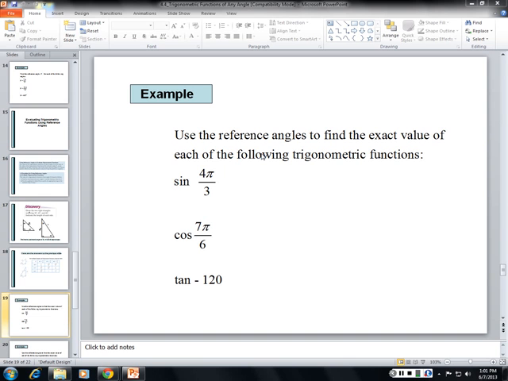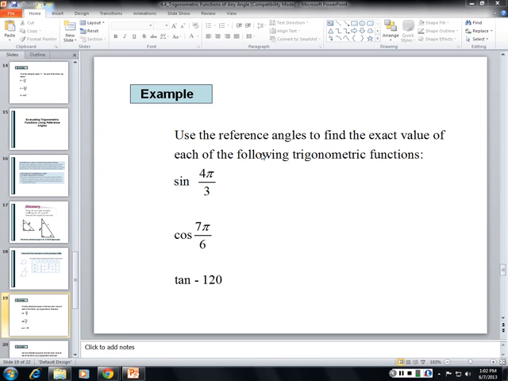So you want to find the value of sine 60, which is square root 3 over 2. But at the same time, once you have the value, you'll see what the sign will be. Remember, this is the all, sine, tan, cos diagram.